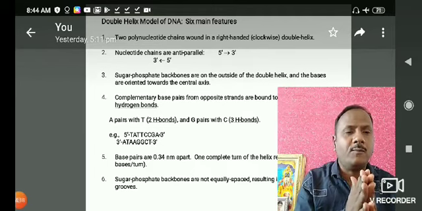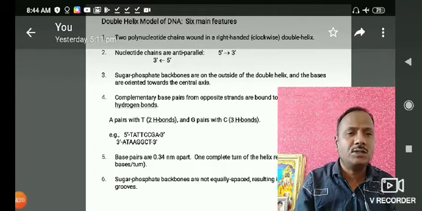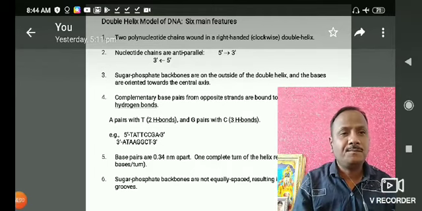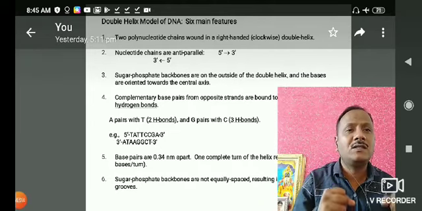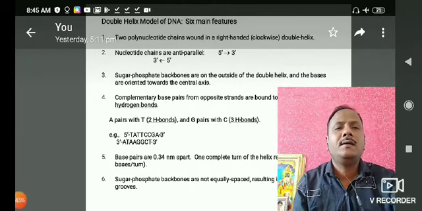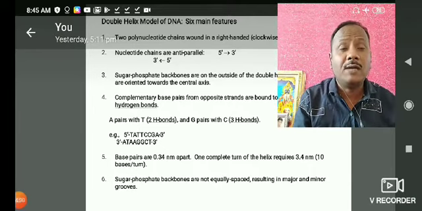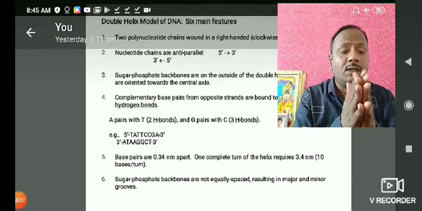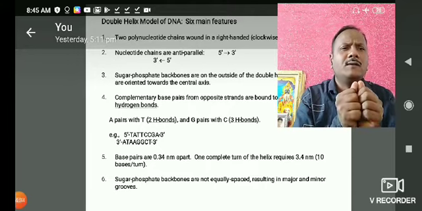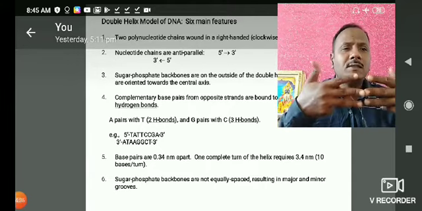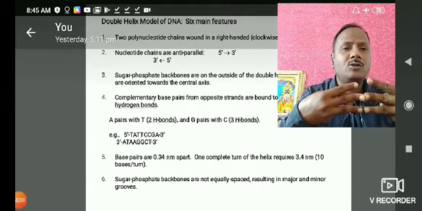It is a strong backbone, due to which it gives stability to the DNA. Then adenine always pairs with thymine, with a double hydrogen bond. Guanine always pairs with cytosine, with 3 hydrogen bonds.